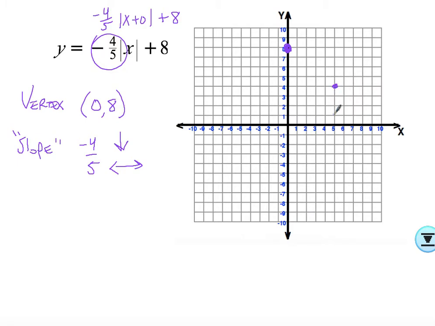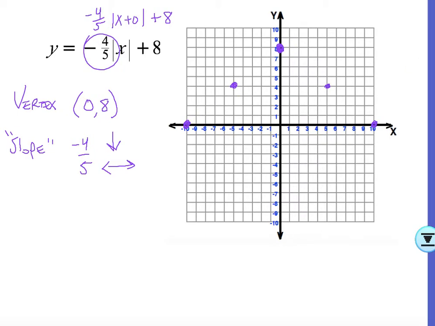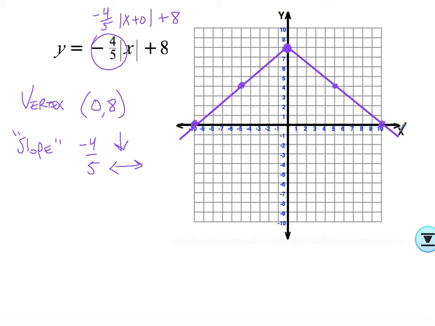I'm running out of room there, so I'm going to go back up to my vertex and go down 4, but the other direction 5, and do that again. Then I'm going to connect my dots, make a nice perfect V, and put my arrows on the ends.